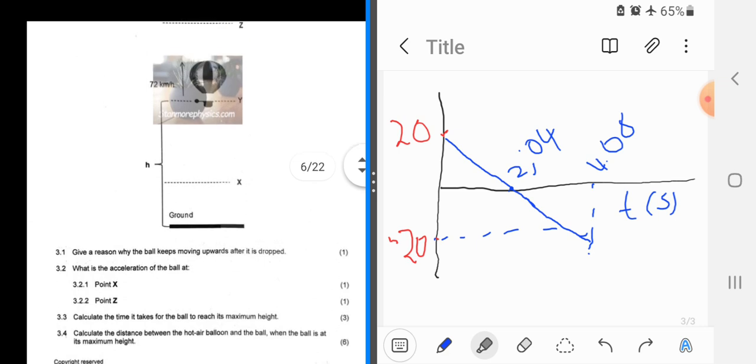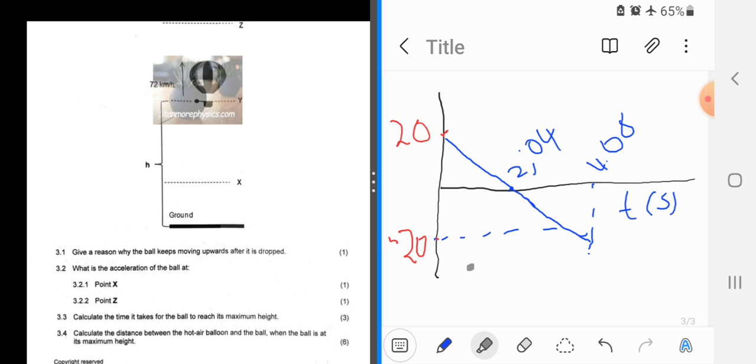From point Y going downwards, it's going to take 2.04 times 2. So that is where it's negative, going into the negative direction. Below here, it's in the negative direction. This one, it's in the positive direction. Okay, and I hope you understand that.